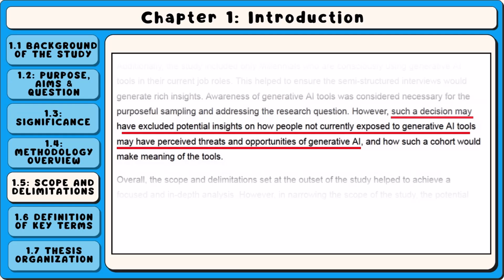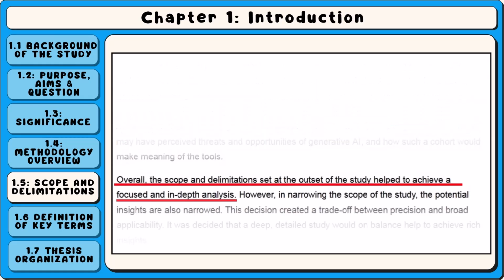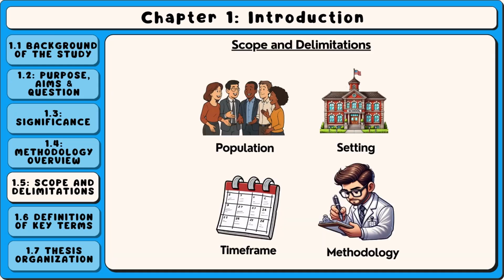Let's look at how it's written in our sample piece. It says, such a decision may have excluded potential insights on how people not currently exposed to generative AI tools may have perceived their threats and opportunities. However, overall, the scope and delimitations set at the outset of the study did help to achieve a focused and in-depth analysis.